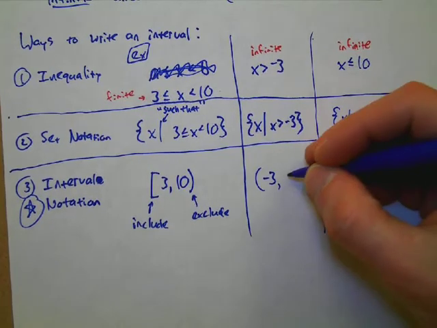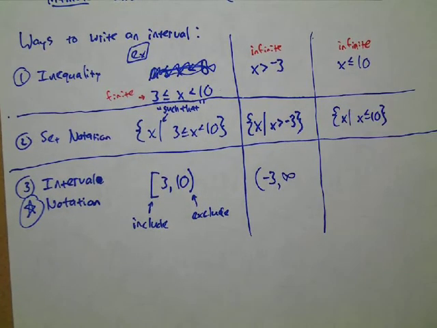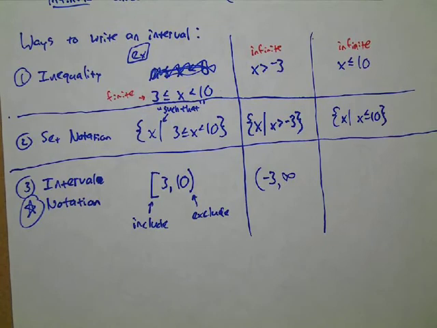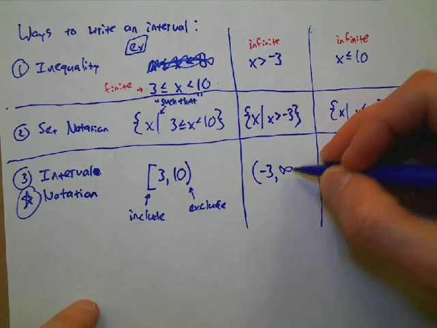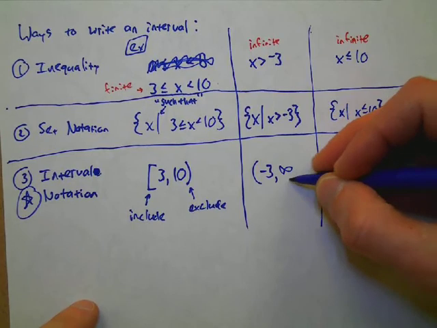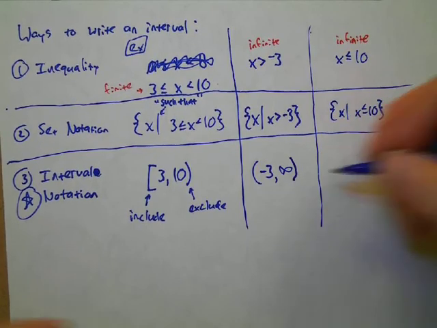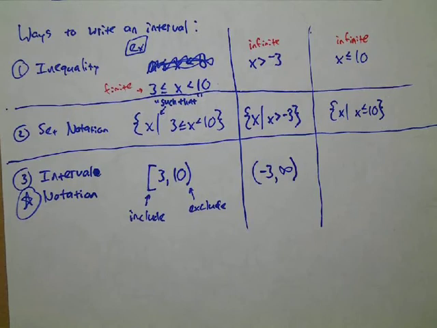it keeps going, right? So what should we put here? The sideways 8, infinity. It goes to infinity. It just keeps going. It doesn't have an upper bound. Can we reach infinity? No. We can only approach it.